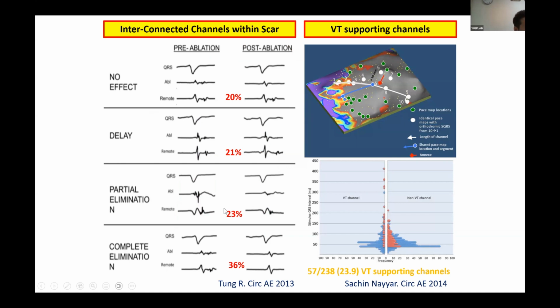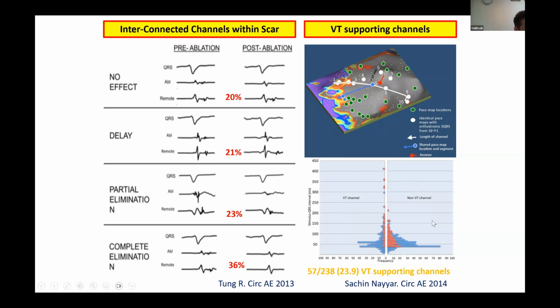But the worst thing is that there are two very beautiful papers. One was published by Rock, showing that even if you use this method, in a lot of situations before ablation you recorded upstream and downstream signals, but when you ablated the upstream first, only around 35 to 40% of the channels had the downstream signals disappear, which means that a lot of channels were not communicating together.